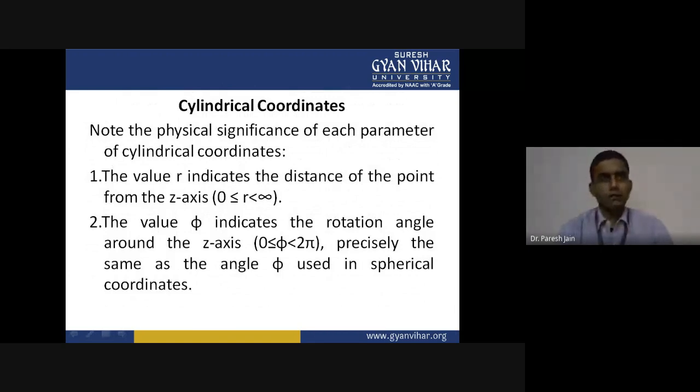First, the value r indicates the distance of the point from the z-axis. Suppose there is a cylinder, and in the cylinder we have the radius of the cylinder.